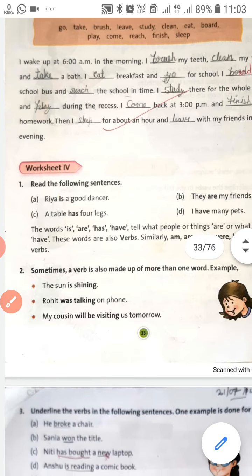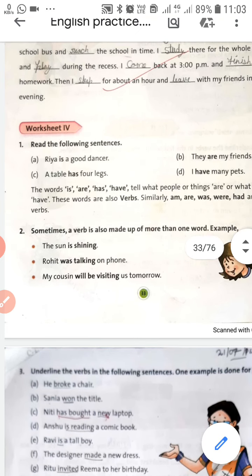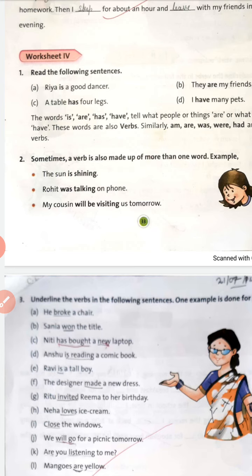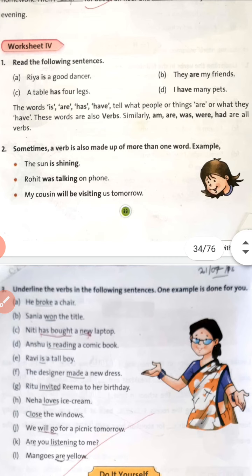Now students, we will talk about worksheet number 4. Here we have to discuss the helping verbs or auxiliary verbs. Now what is that? Read the following sentences. Ria is a good dancer. There are my friends. A table has 4 legs.